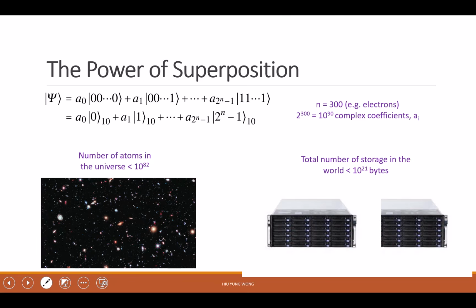And the number of bytes in this world, including your laptop, your cell phone, your iPhone in your pocket, is 10 to the power 21. Imagine, how do we store all these complex numbers to do complex computation? If you want to emulate the quantum mechanical state of 300 electrons, basically you cannot, because you cannot even store the state. This is just to show you how big the problem is.